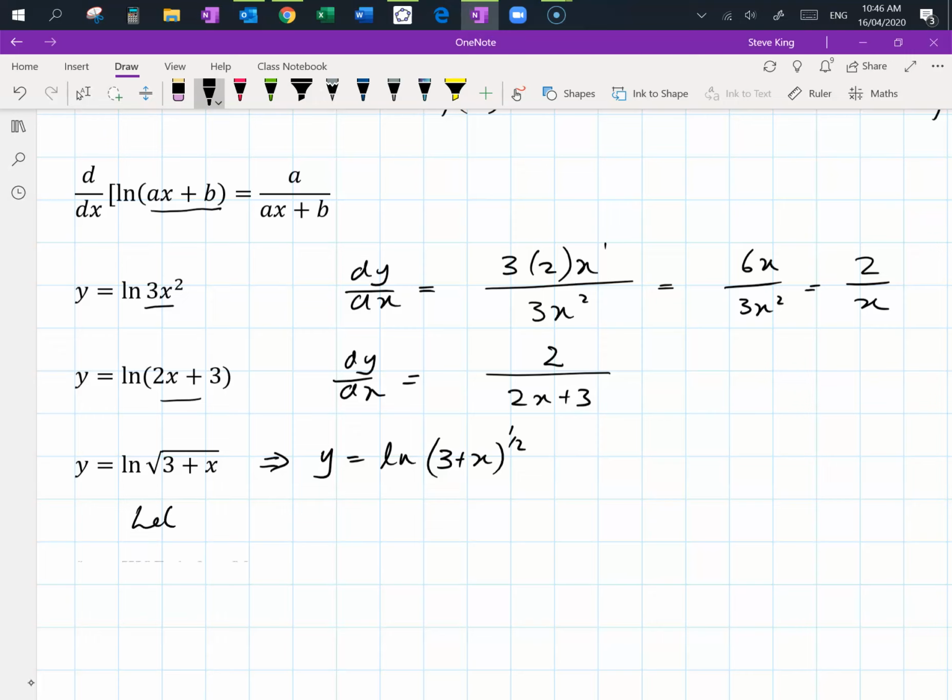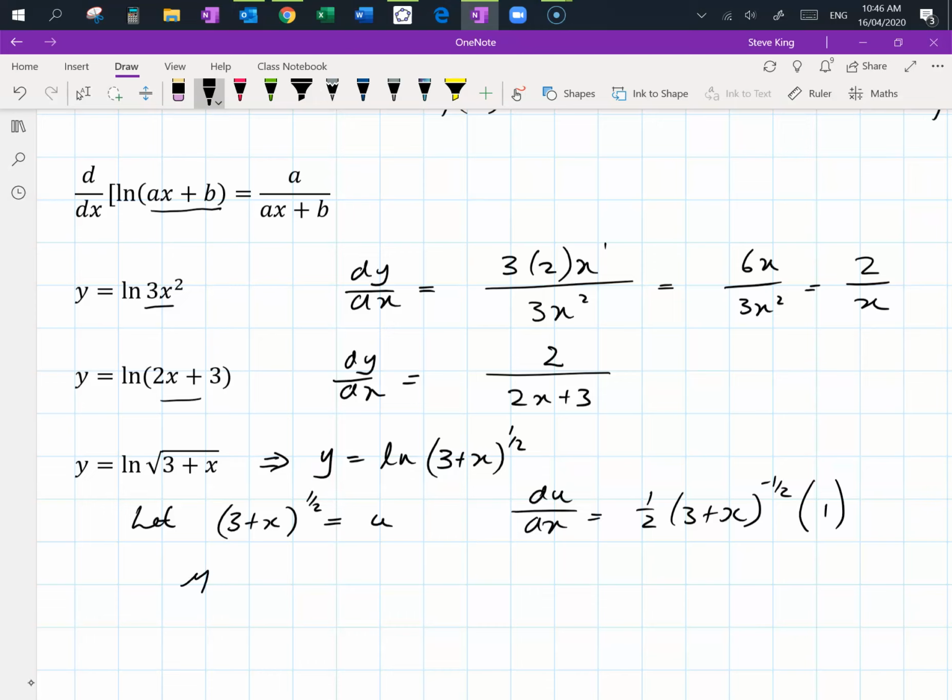So I'm going to say let 3 plus x to the power of a half equal u. Then I know that du dx is going to be a half, 3 plus x to the minus a half, times the derivative of the bracket, which is simply going to be 1.